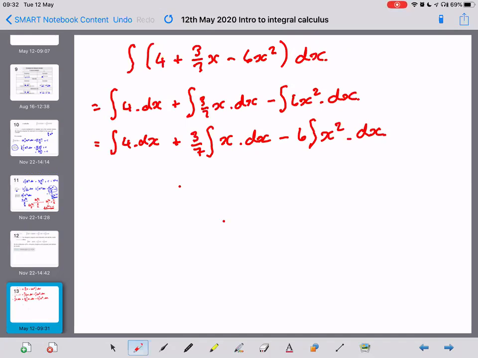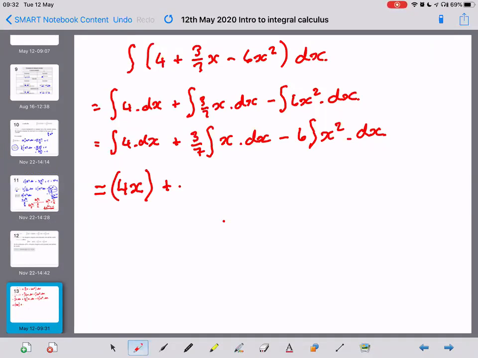Now we can do those integrations. If we integrate a constant, the variable comes back. So that one's 4x. I'd like to put these in brackets to start with.